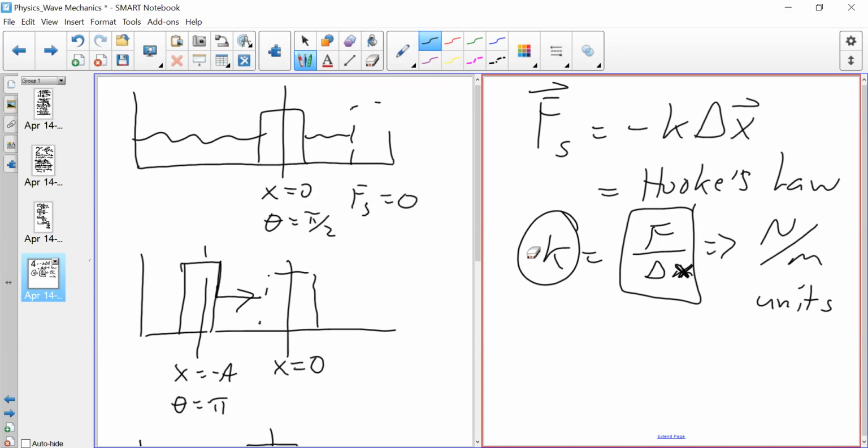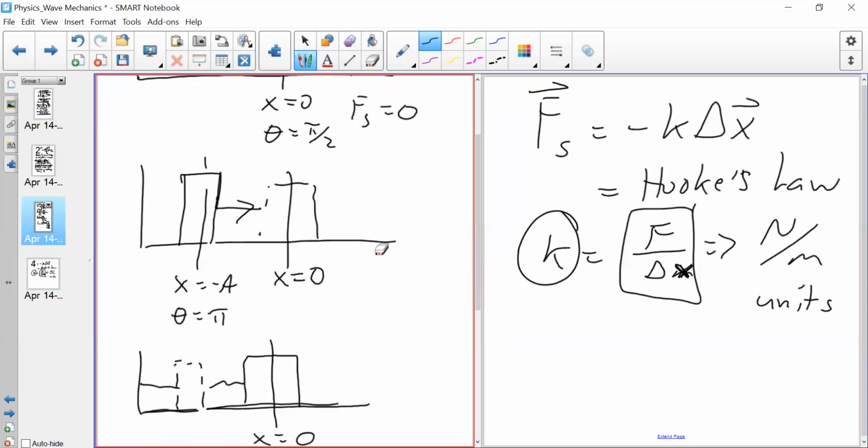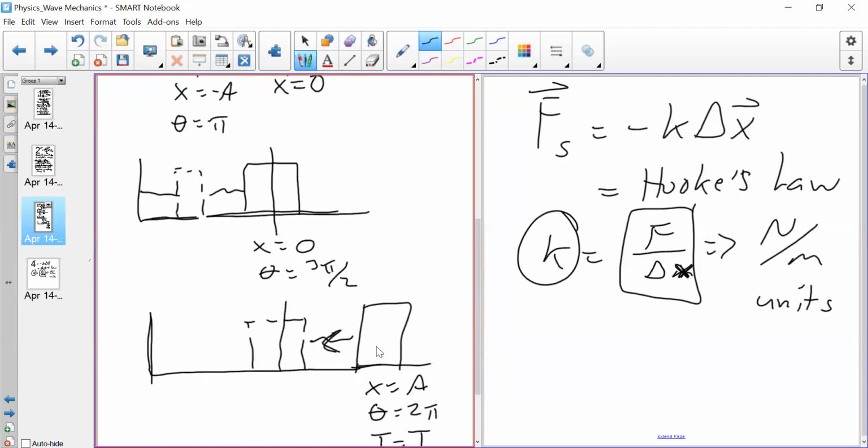So then there's the potential energy of a spring. Let's talk about that a little bit. If we go back to this scenario here, where now we're at the starting point. The potential energy of a spring, let's keep it simple, only exists at the edges.